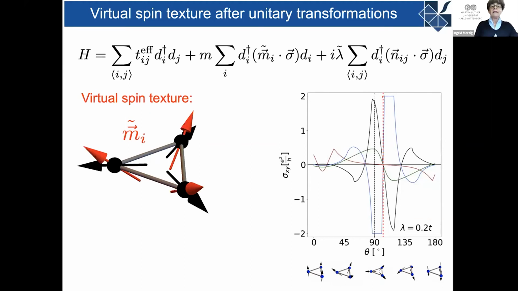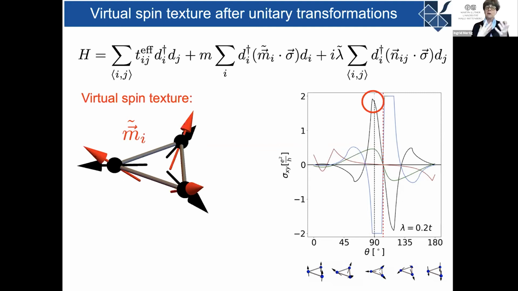And so this gives rise to the understanding of this value. If I concentrate on the radial configuration, the original spin texture, I wanted to understand why I observe a large anomalous Hall effect for this configuration. And the answer is, responsible for this anomalous Hall effect is a virtual spin texture that is caused by spin-orbit interaction.